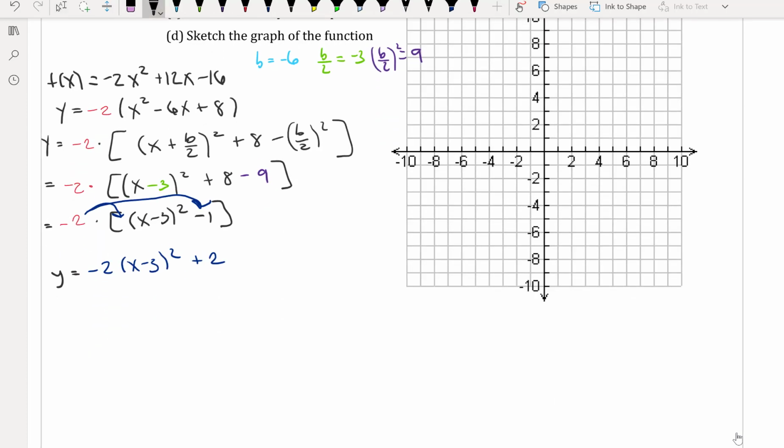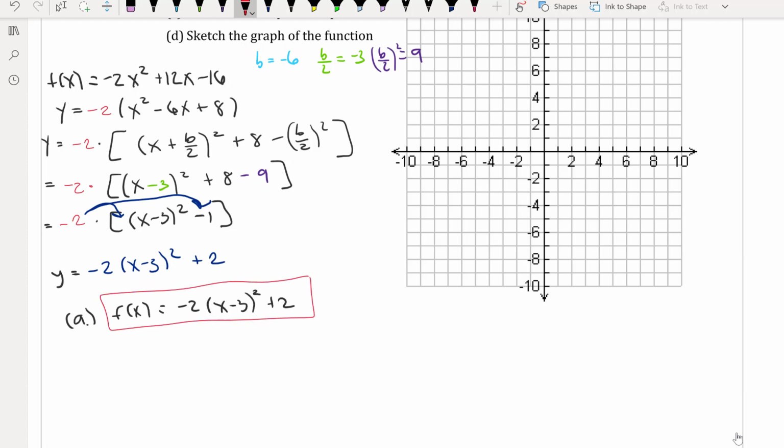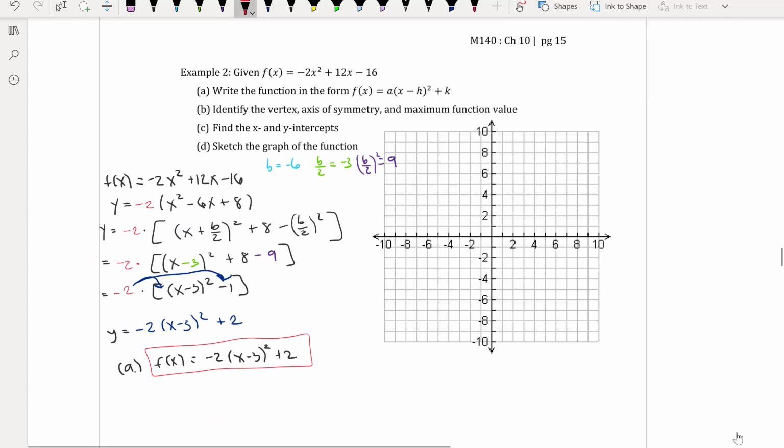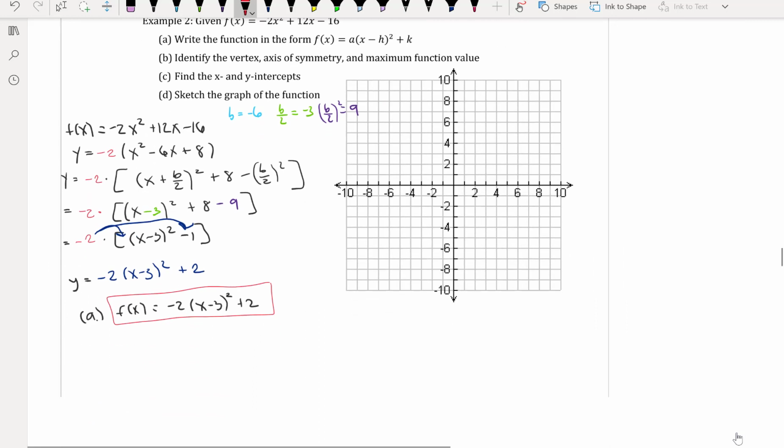So now I can say for part A, and I'm going to change that y back to f of x. So f of x is equal to a negative 2 x minus 3 squared plus 2. So that is my part A. Now for part B, it says to identify the vertex.